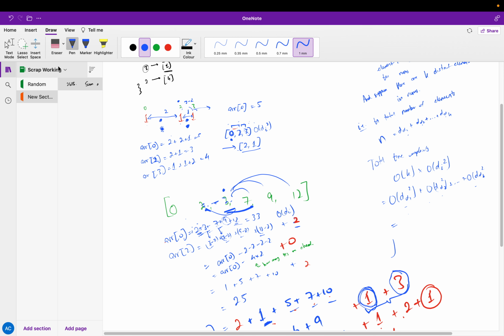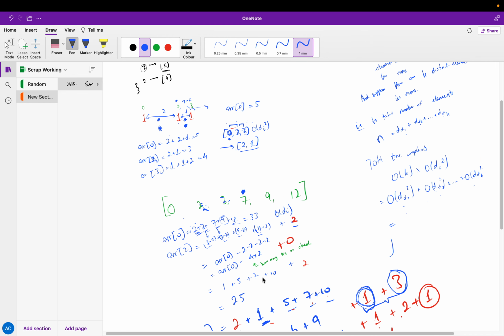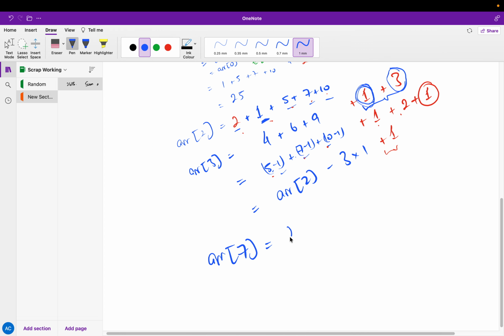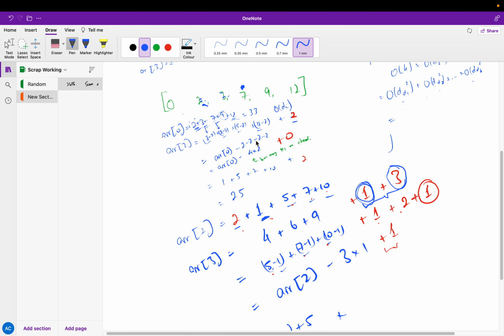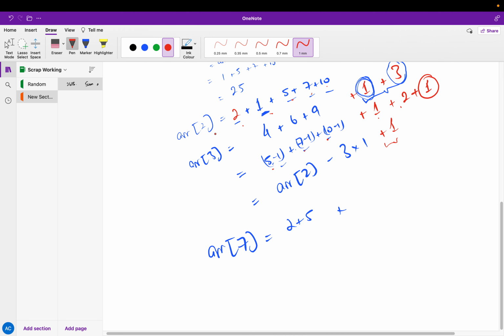If we focus on array at 7, there is some kind of pattern emerging. It's just kind of involved. Array at 7 can be written as 2 plus 5. And then the red numbers would be 4, 5, and 7.